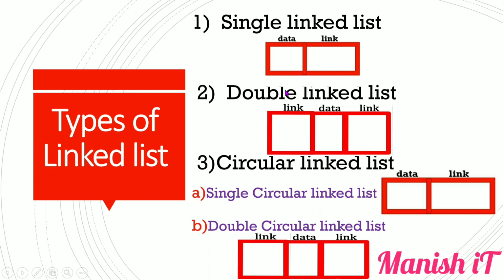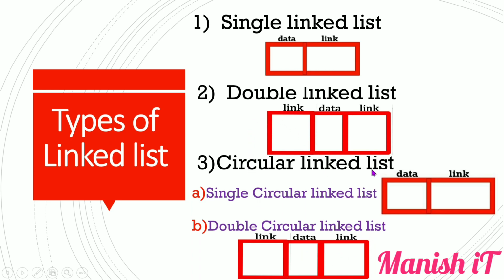A double linked list, as the name clarifies, has two link parts, with the data part in between. We will discuss these in detail in the next videos.